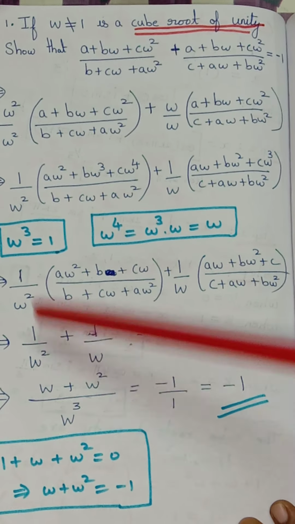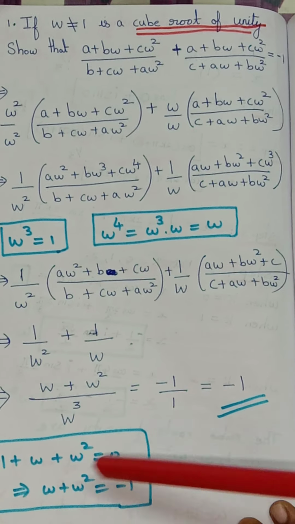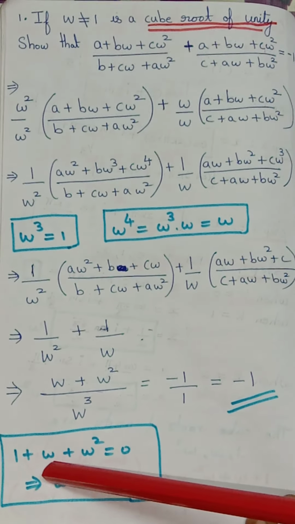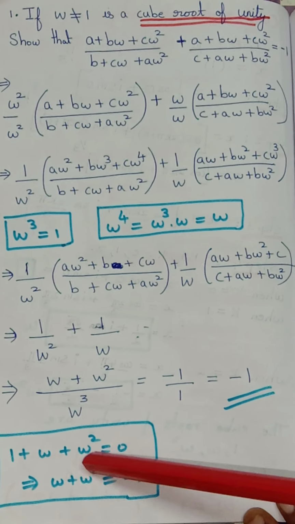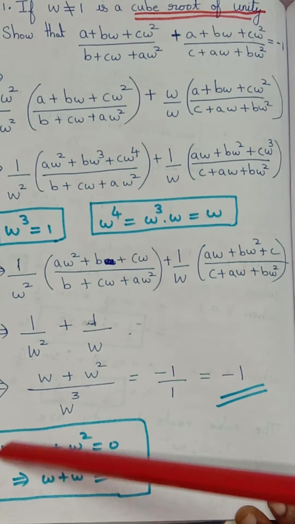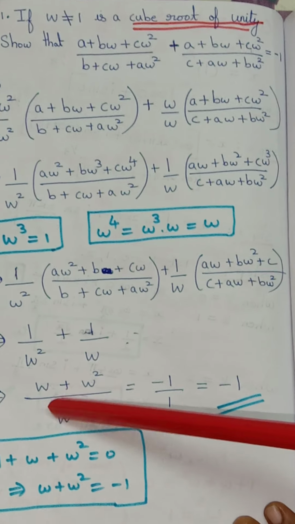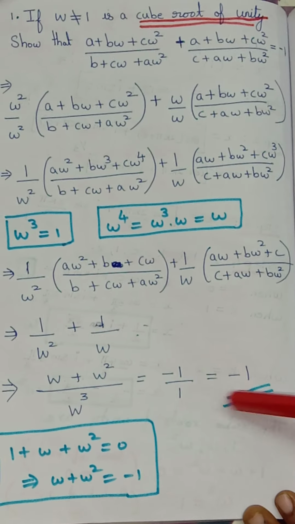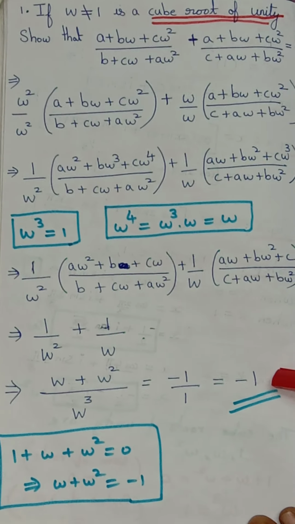You know the value of omega cube is 1. And we have learned the property of cube root of unity: 1 plus omega plus omega square is equal to 0. Therefore, omega plus omega square is equal to minus 1. So where omega plus omega square is there, let me put minus 1. When I reduce this, I will have the final answer as minus 1.